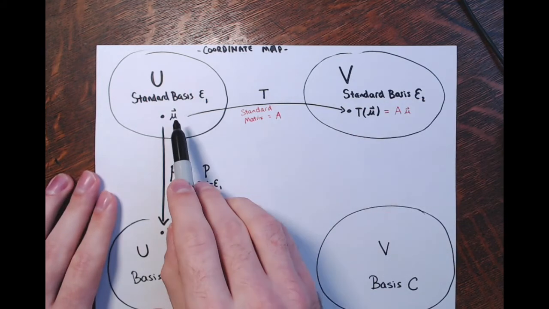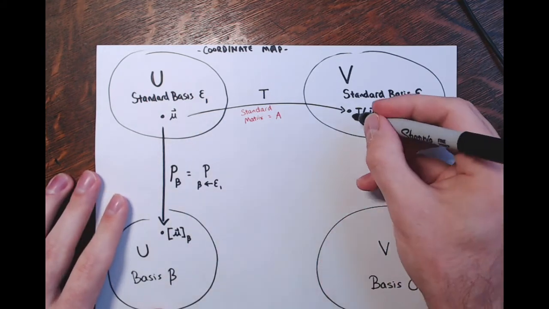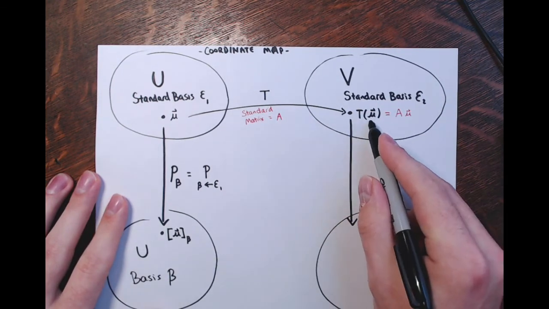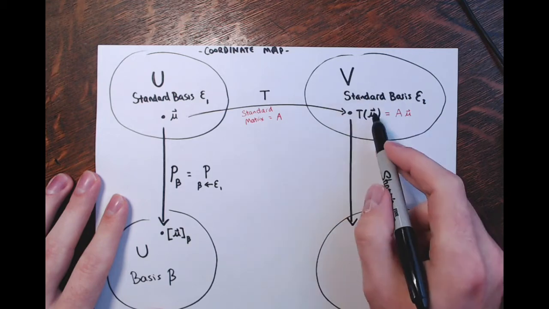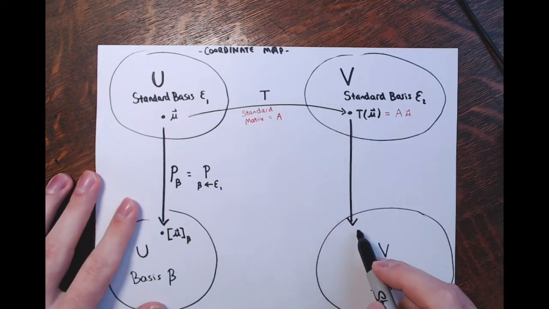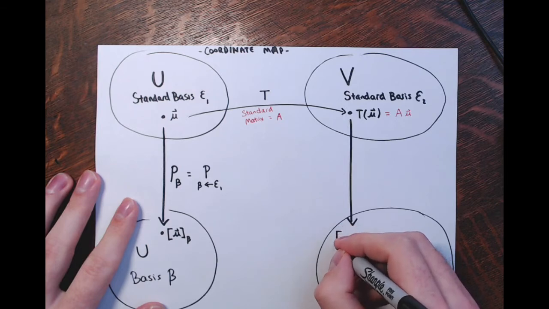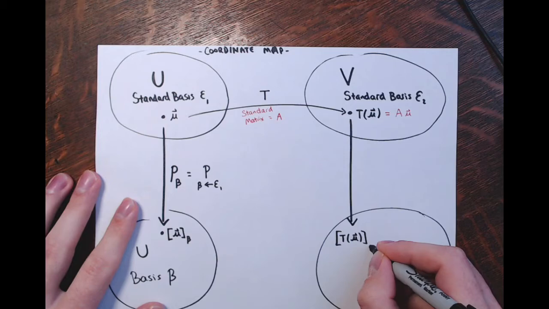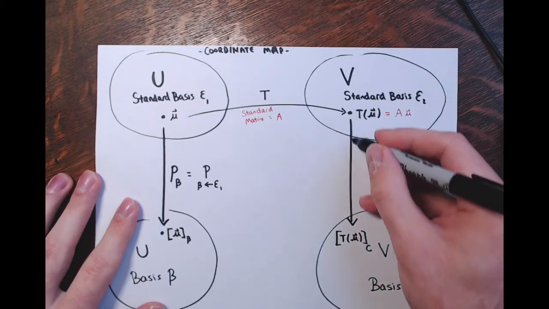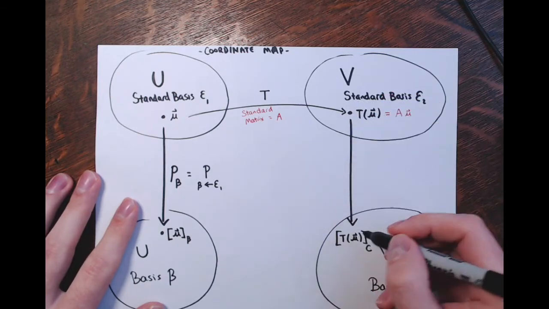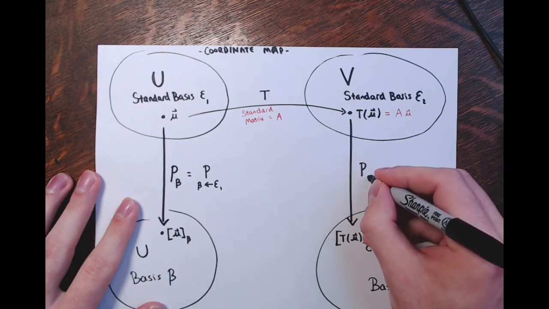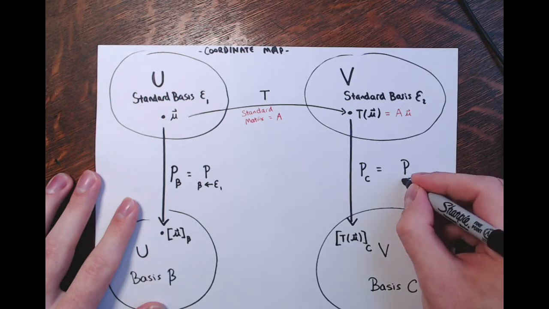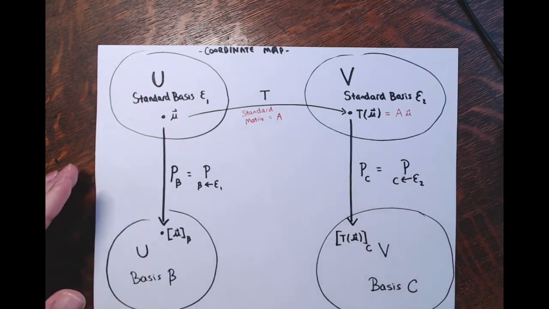One is, again, I plug in U, and then I take this output in terms of the standard basis of V and change it to its coordinates relative to this new basis for the codomain, C. To change from the standard basis to coordinates in basis C, I multiply by this PC, which in older notation would be going from E2 to C. Remember to find that transition matrix.